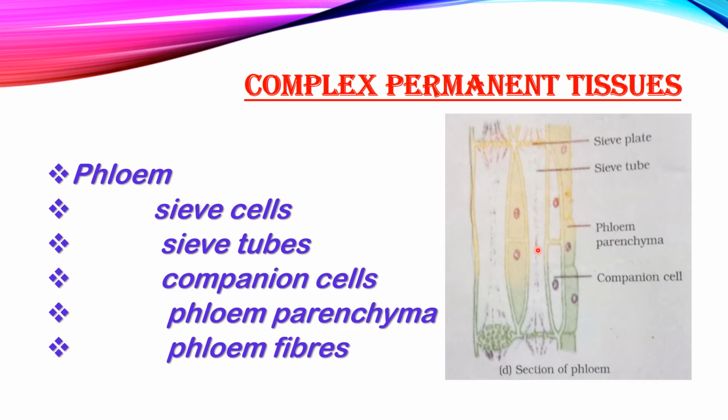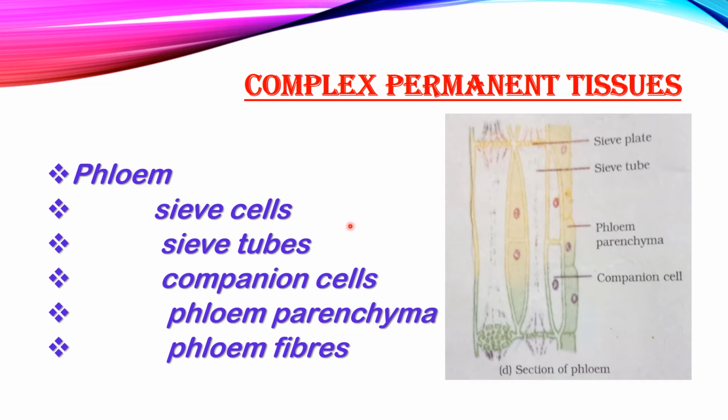Now these mature sieve tubes lack a nucleus, and they survive because of these companion cells. Around this is phloem parenchyma, and the main function of phloem parenchyma is to store food. And phloem fibers are dead cells.